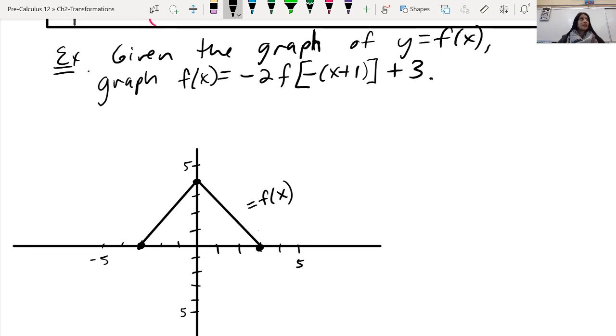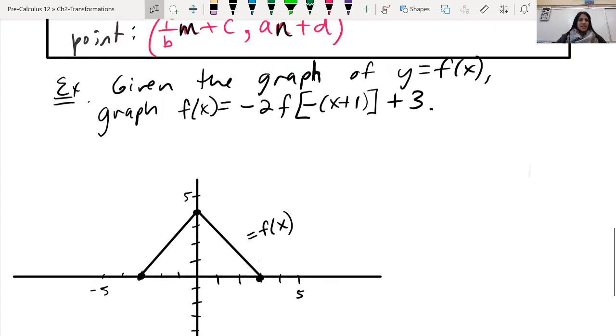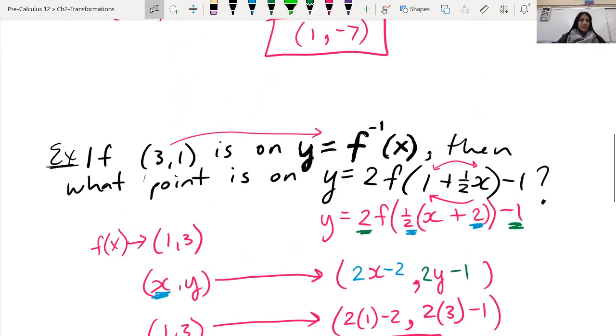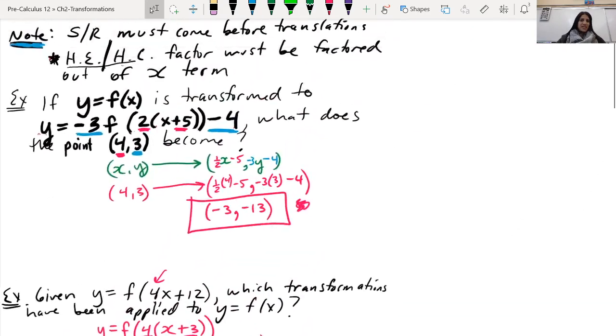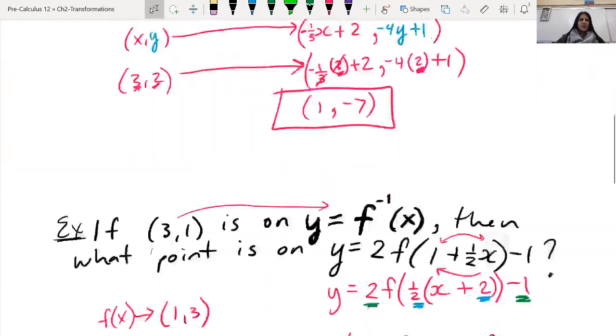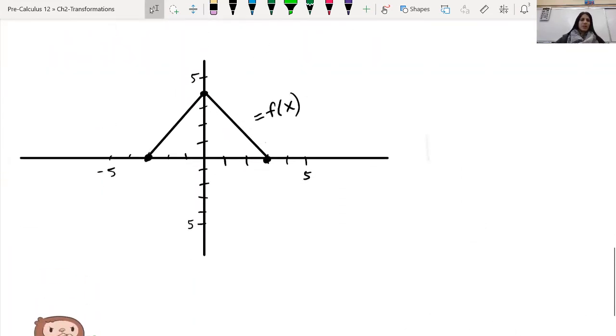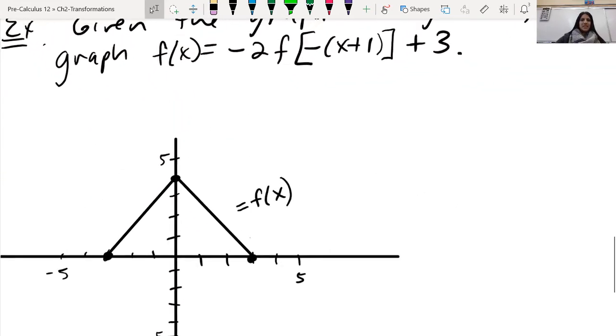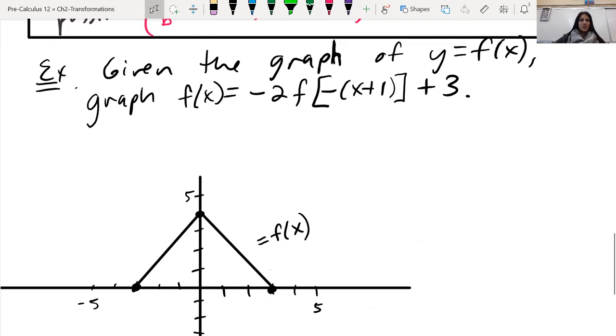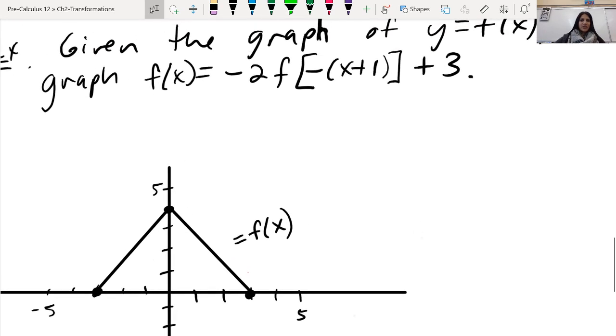And so here's how we can go through this. We're basically doing the same thing as what we've been doing back here, but notice in each of these examples, you were given a point. So each time you were just working with one point. No big deal. This time you're not given the points, but you're given the graph, so you can get the points.